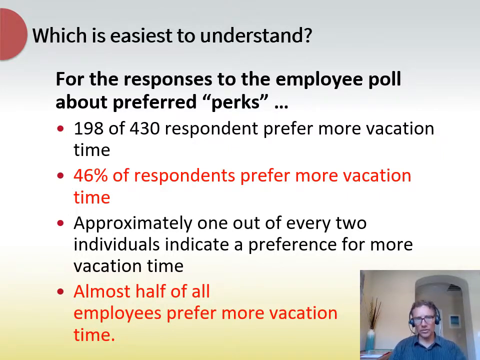Approximately 1 out of every 2 indicates a preference for more vacation time. So again, almost half is easier to understand. So we want to use what we call in chapter 10 common language: percentages, ratios, easy terms that we can all understand.